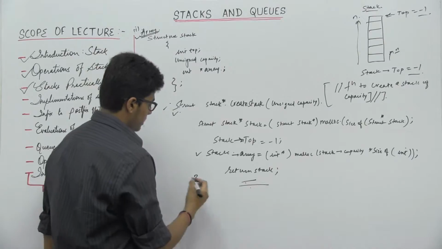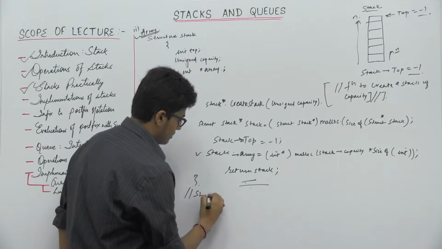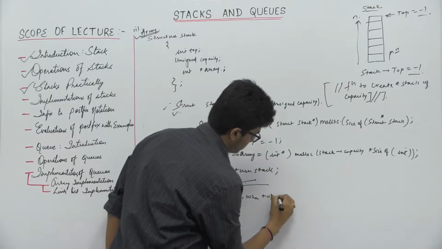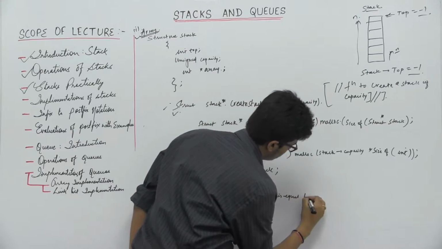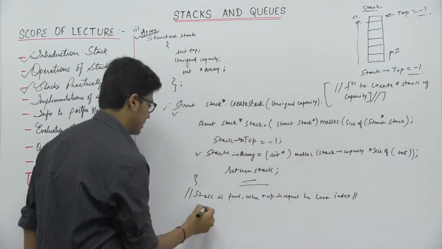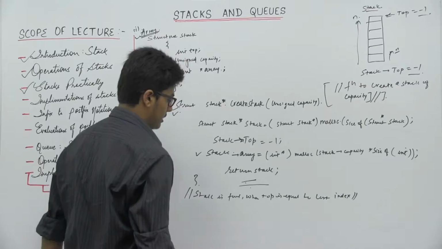Moving on, in the next form we can write that stack is full when top is equal to the last index. In a command line we can write stack is full when top is at the last index.